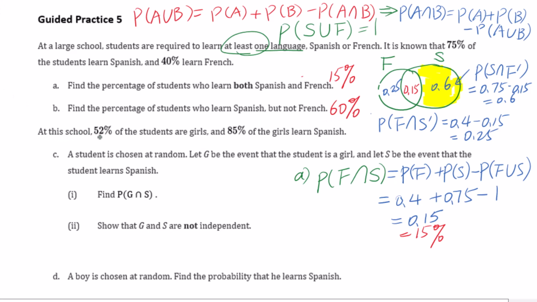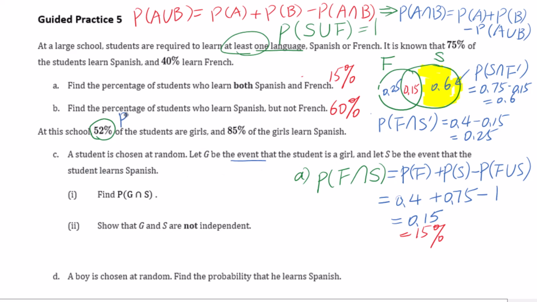At this school, 52% of the students are girls, and 85% of girls learn Spanish. Let G be the event that the student is a girl, and S be the event that the student learns Spanish.